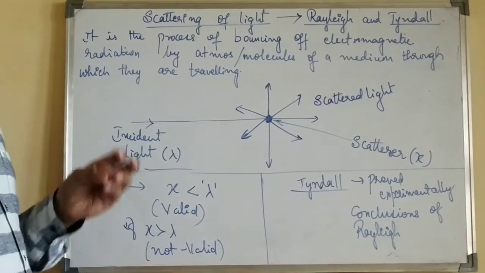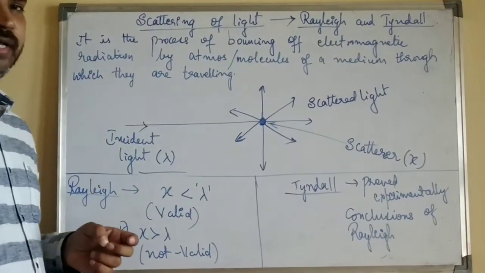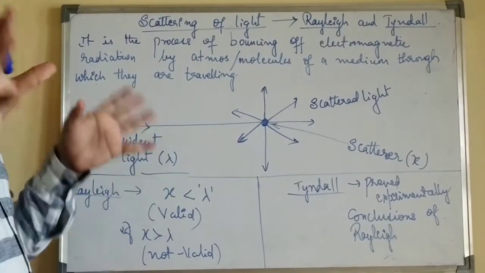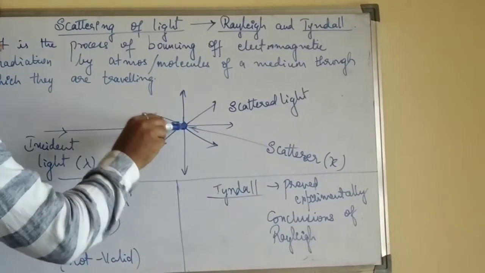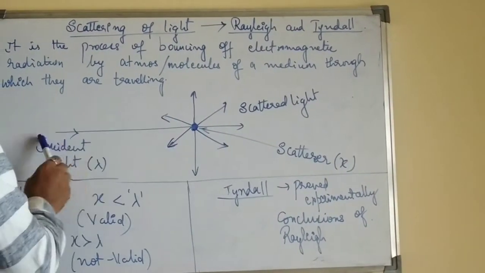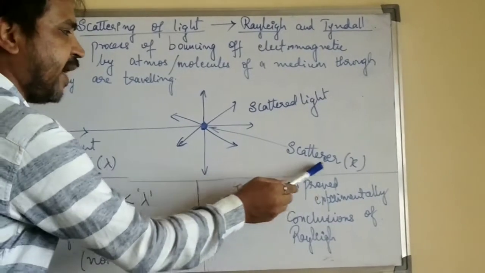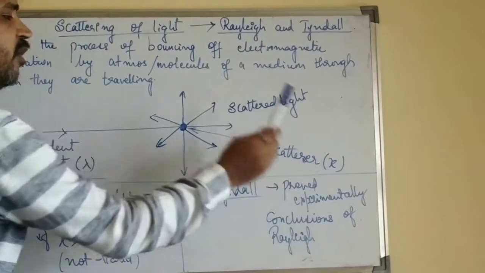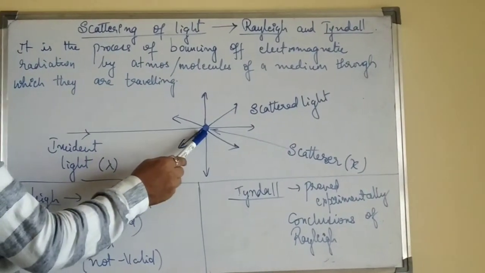Every molecule is a small particle, right? That small particle is called a scatterer, meaning that molecule is responsible for the incident light to scatter in different directions. That's why it is called a scatterer, which is represented by small x. Here x represents the scatterer. See here, at the center you have this scatterer.